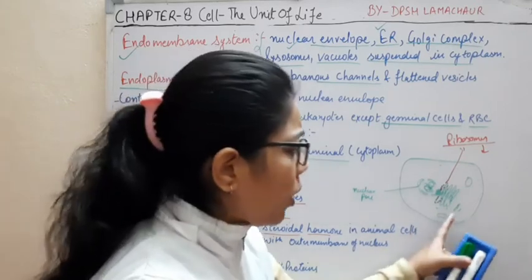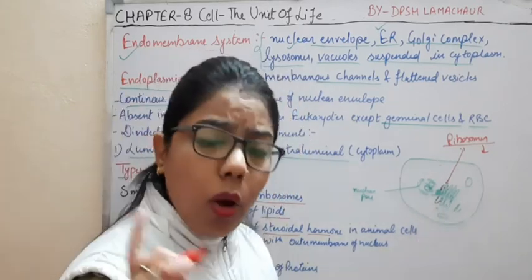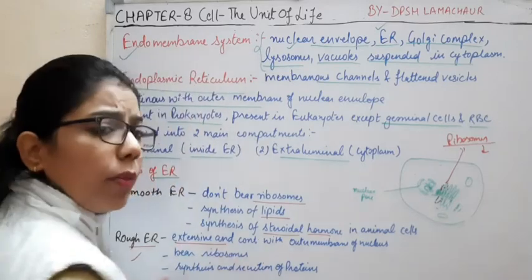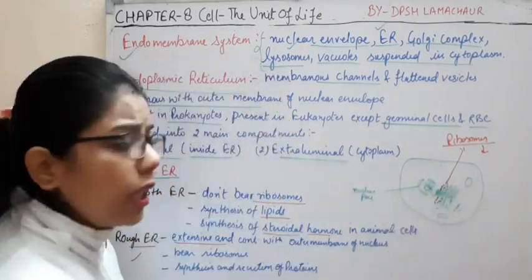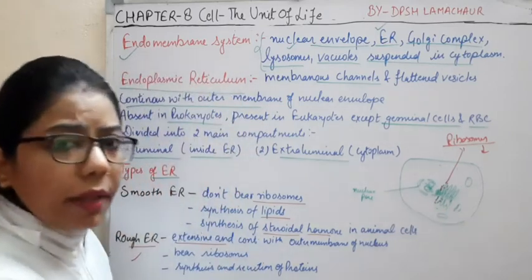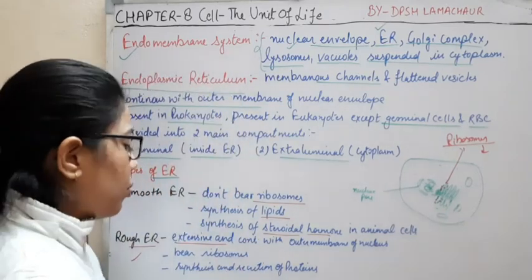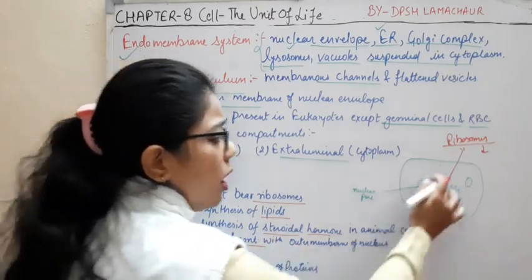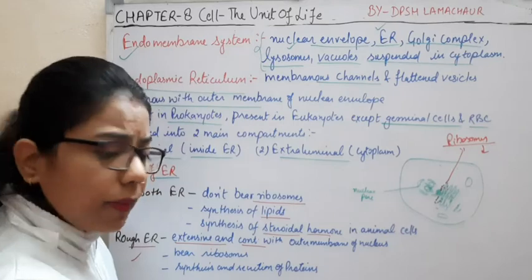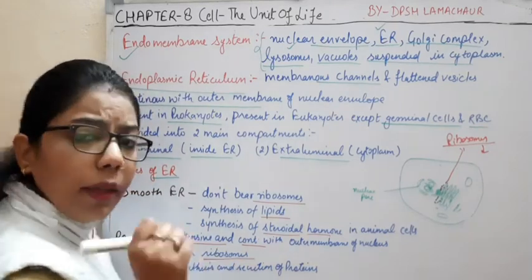I have not drawn it here. Why? Because always and always the rough endoplasmic reticulum is connected with which membrane? With the nuclear membrane. This can be a question for your MCQ. So we can say that these are the extension as well as continuous with the outer membrane of the nucleus. Another thing, they bear ribosome.